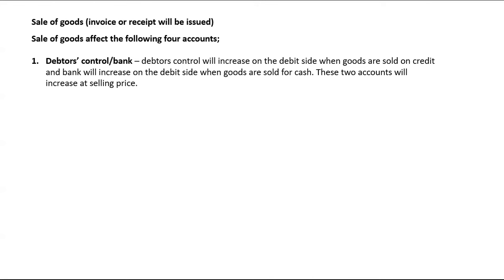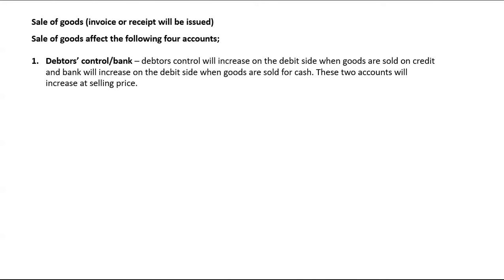Now, debtors control is the resource you must own and control that you are going to use to make money. And these are the people that you have sold goods to on credit. To convert your debtors control to cash, your credit customers must pay you back.